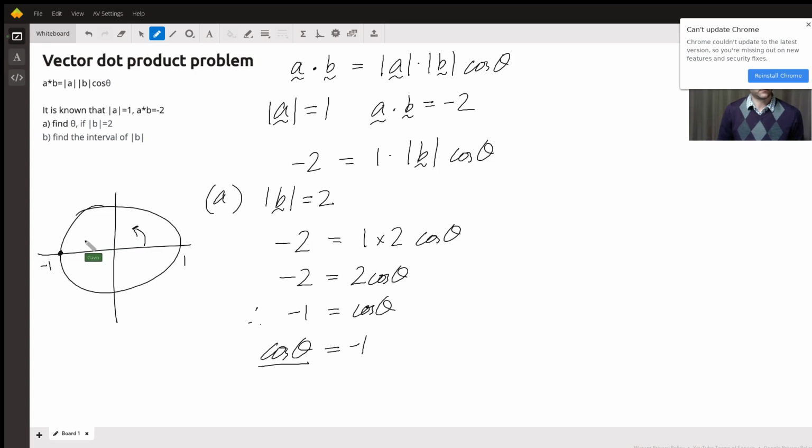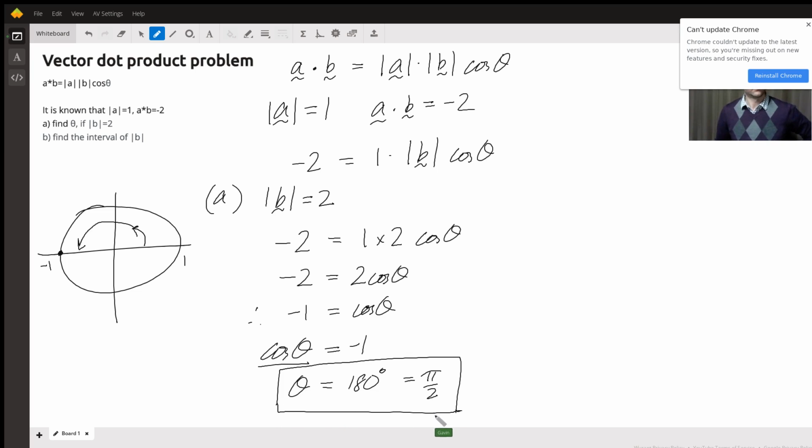So the angle is 180 degrees, or pi radians. So that's the answer to part A, depending on whether they want degrees or radians.